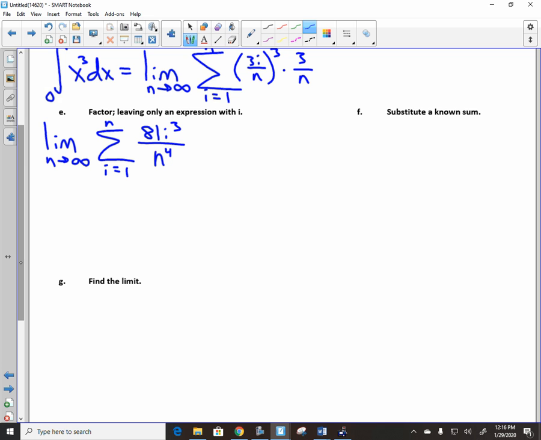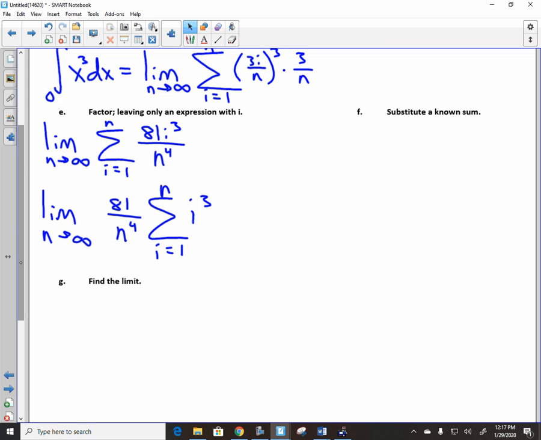You want to rewrite this so that you only have an expression with i. So limit as n goes to infinity of 81 over n to the 4th times the sum from i equals 1 to n of what's left over? i to the 3rd. Oh man, I wish there was something I could put in place of this. n squared times n plus 1 squared over 4.